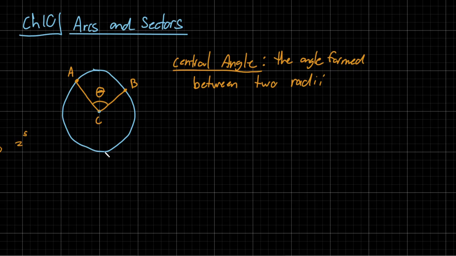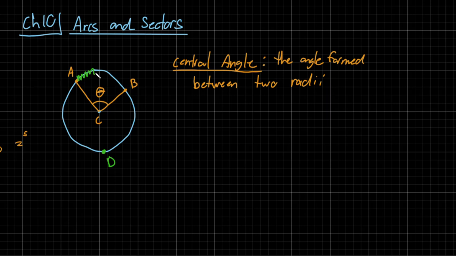And right now I want you all to add another point over here. Well, let's call this D. Not where the 2 radii make our central angle, on the other side. Lily, which one do you think is bigger?